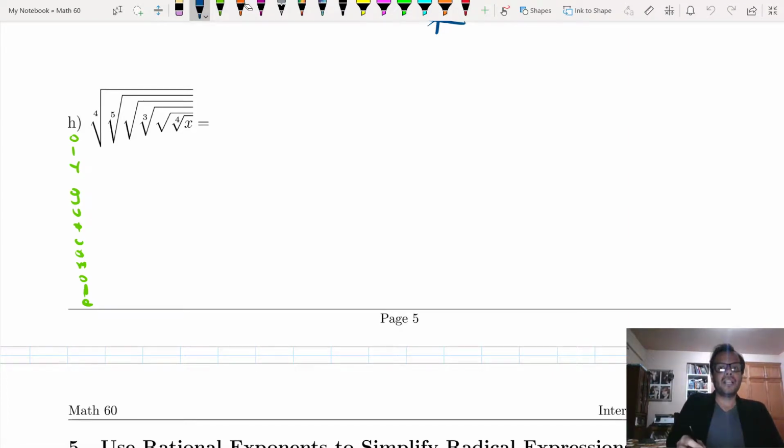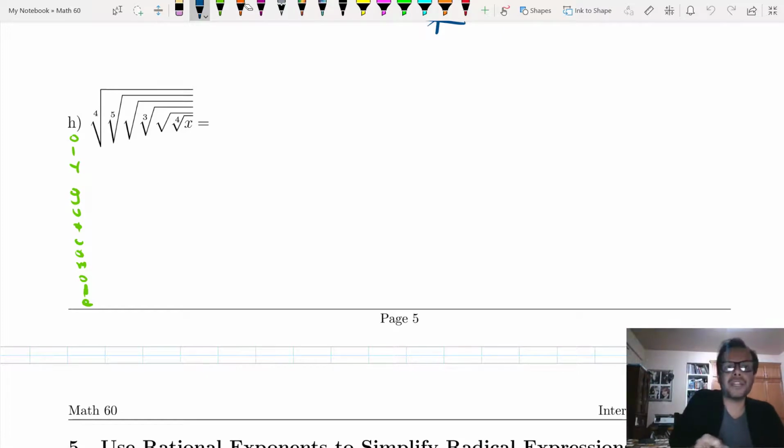All right. So we are going to have what we know as nested radicals. What is a nested radical? It's a radical inside another radical, inside another radical, inside another radical, and so on and so forth, right? So let's start inside out.